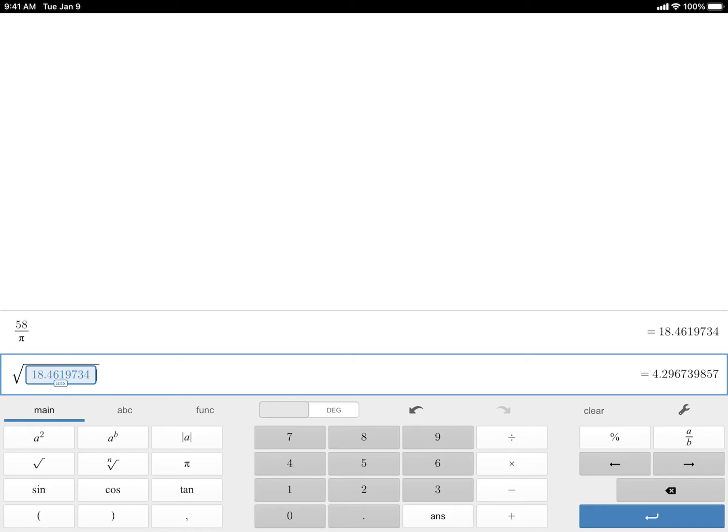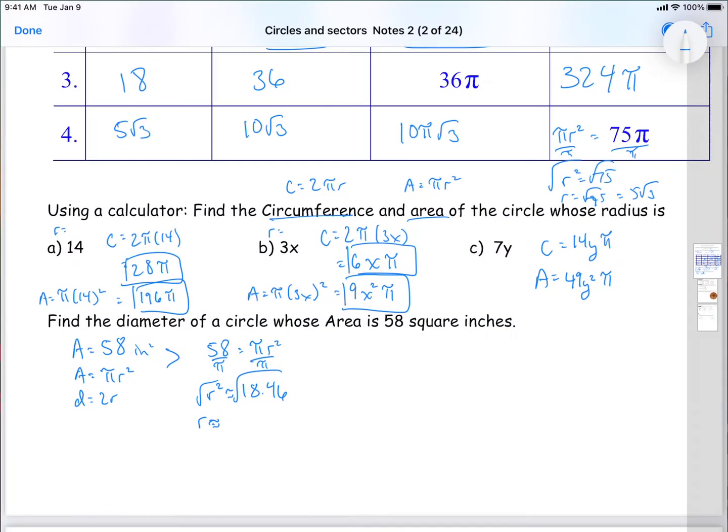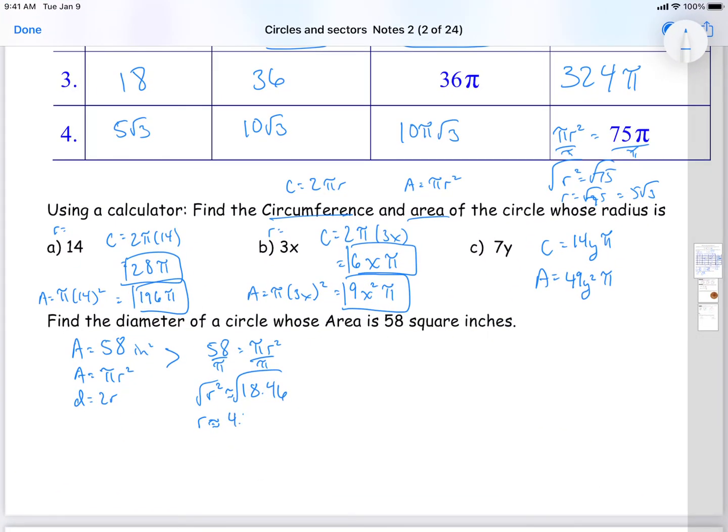Okay. My radius is approximately 4.3 inches. But again, we're asked to find the diameter, right? And so my diameter is 2 times 4.3, which means my diameter is approximately 8.6 inches. Okay.